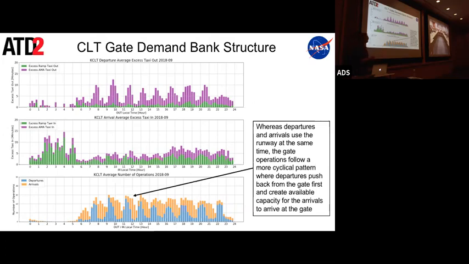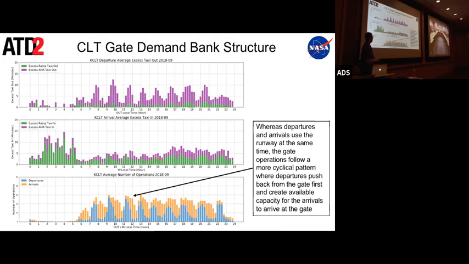What we can see here is that, whereas the departures and arrivals are using the runway at the same time, which we showed on the previous graph, if we come down, this is the same graph, with the departure excess taxi time at the top, arrival excess taxi time in the middle, and count of operations at the bottom. Again, departures are blue, arrivals are orange.